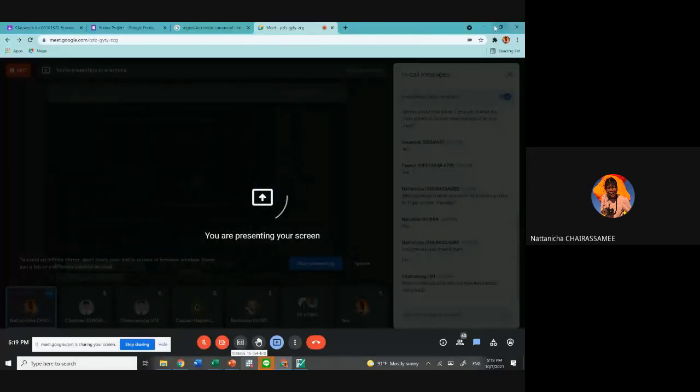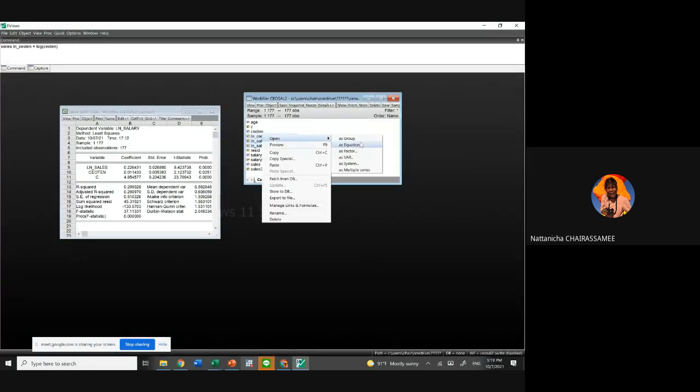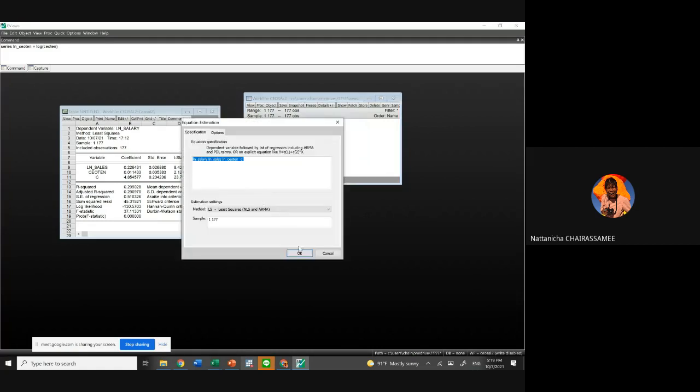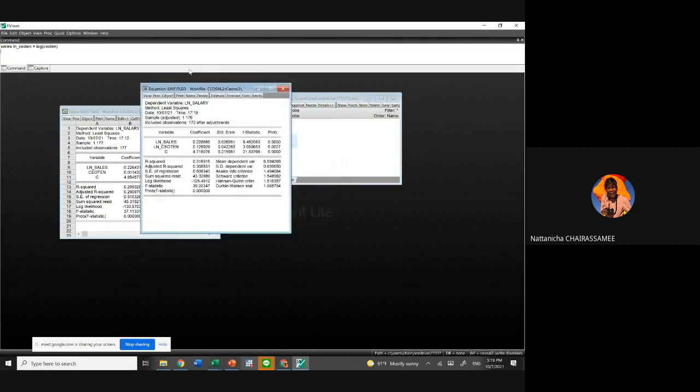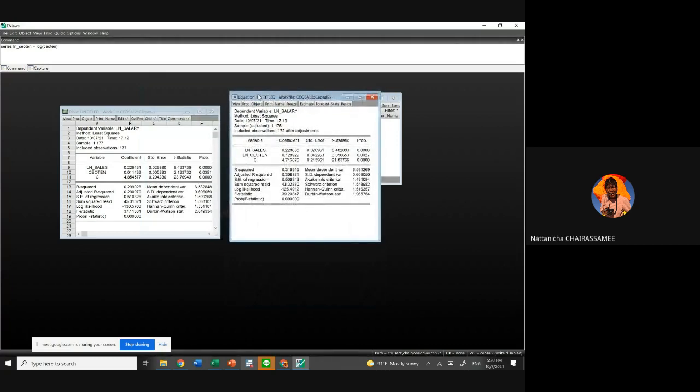Okay, and for the last one, I asked you to put all variables in log form, right? So it's going to be log salary, log sales, and log CEO tenure. Can you see the difference between these two results?